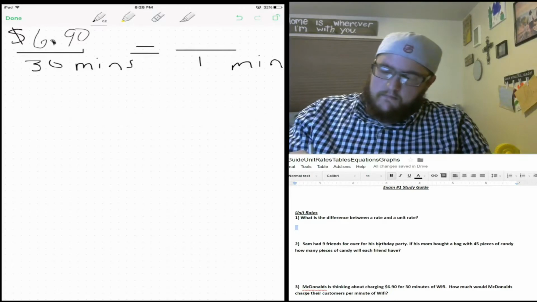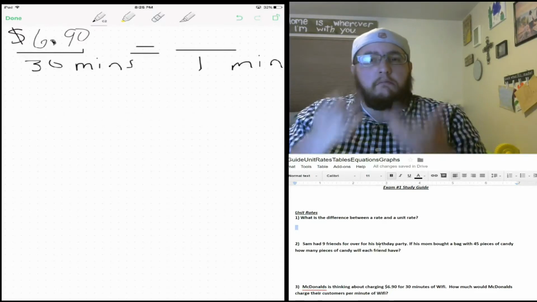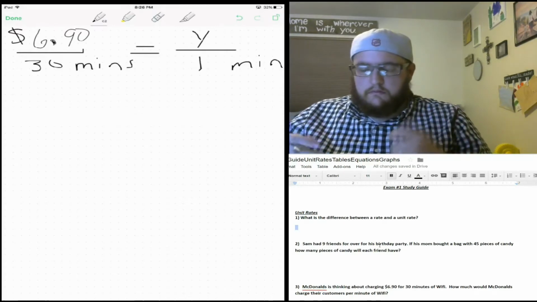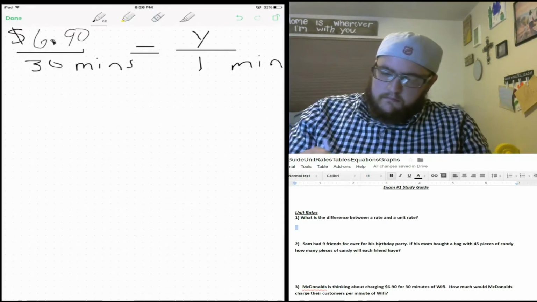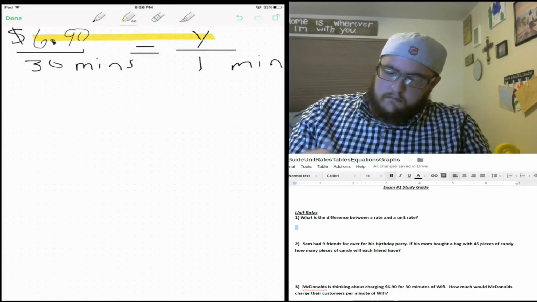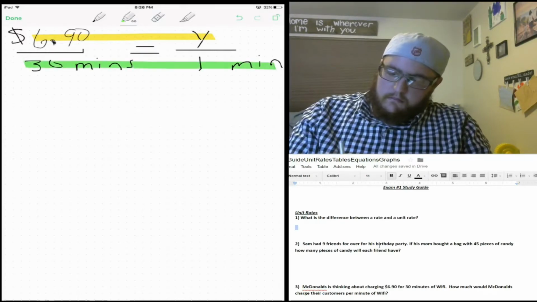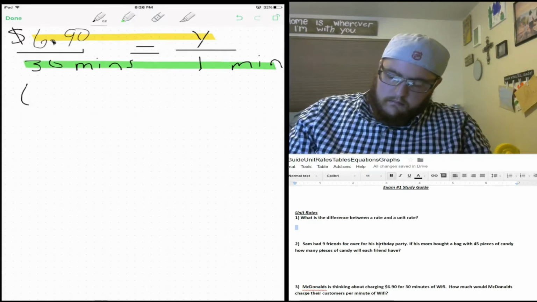And remember, the goal is to change the denominator to 1, so it's a unit rate. And we don't know what the y value here is going to be because that's what we're trying to figure out. We're trying to figure out how much it will cost us for a single minute. So I'll go ahead and highlight these different colors.